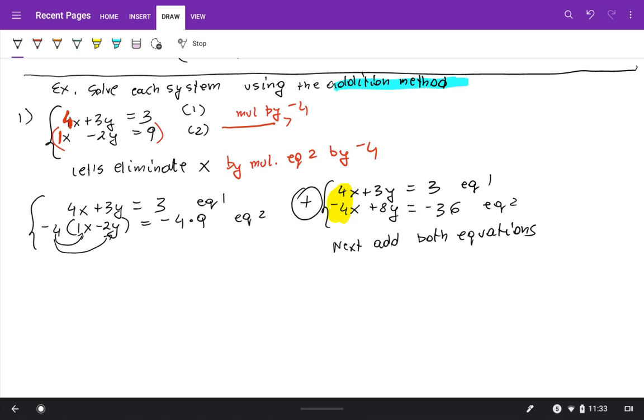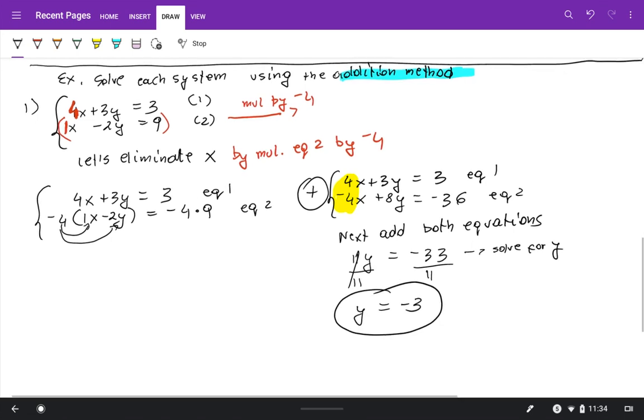So I have 4x minus 4x, which equals 0. 3y plus 8y gives us 11y, equal 3 minus 36, which is -33. So we're going to solve for y. The idea of adding equations is that you end up with only one equation, one variable. So solving for y, we end up with y equal -3.